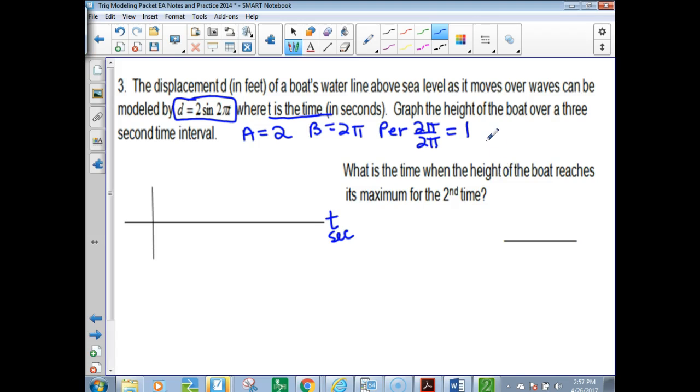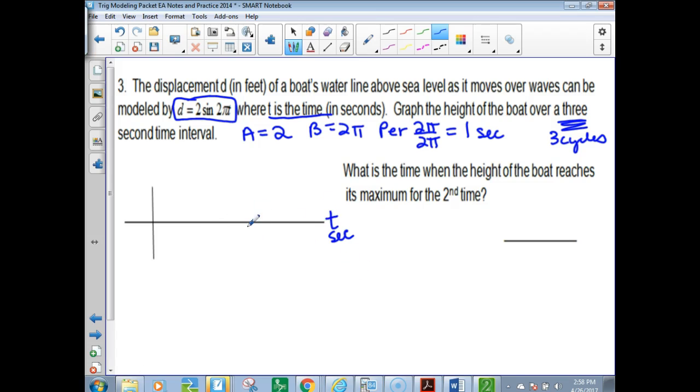If the period's 1, one cycle occurs over 1 second. How many are we going to graph? It said to graph over a 3-second interval. So we need 3 cycles.